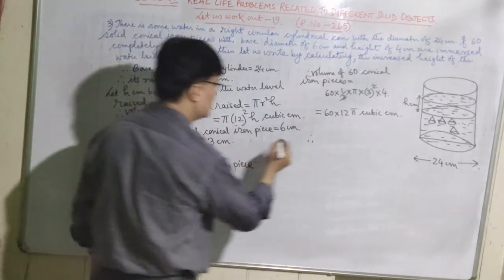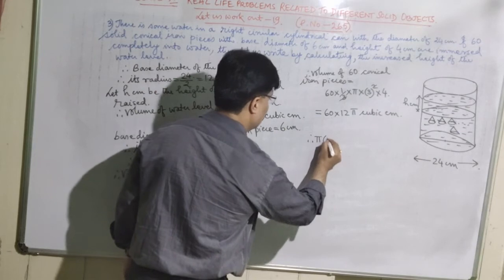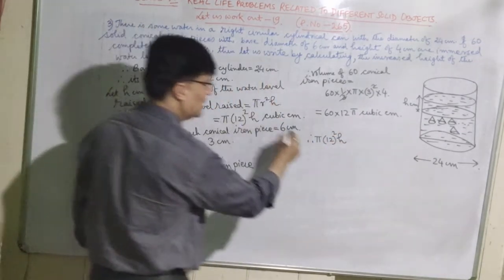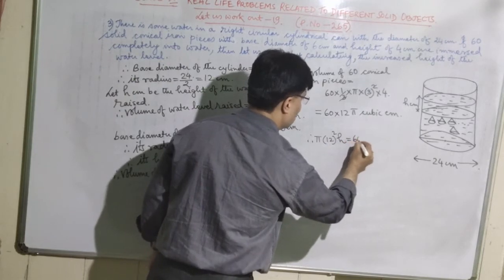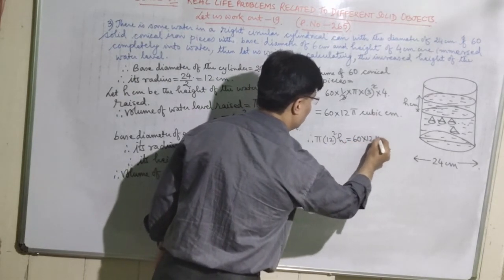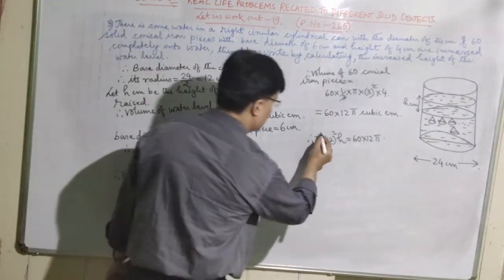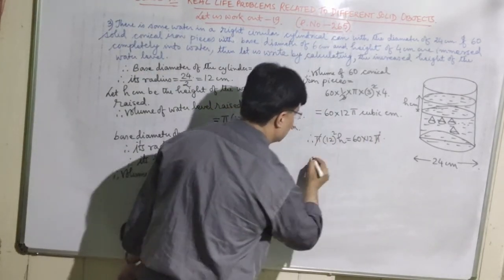Equal. That is pi 12 whole square into h is equal to 60 into 12 pi. I think you have understood it. So here pi gets cancelled.